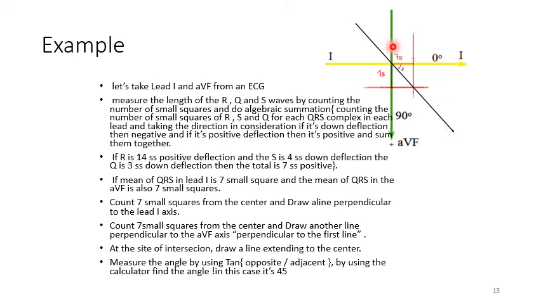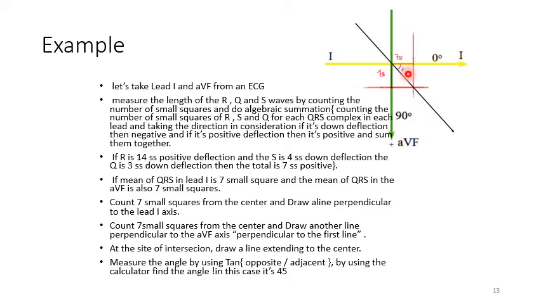Either by measuring the tan of this angle, or by directly measuring the angle using mathematical tools, we can know the angle of the heart, and it's going to be positive because it's in the lower side of the circle.